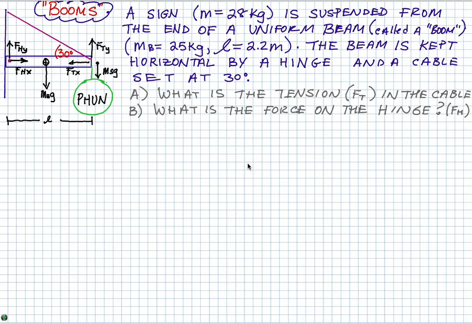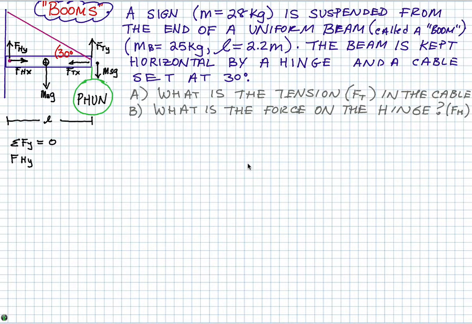So I'm going to start off with the first condition of equilibrium, the sum of the forces. And since we have forces in the y direction and the x direction, I'm going to have to apply the first condition of equilibrium twice, once in the x and once in the y. So the sum of the forces in the y direction is equal to 0 because this is in static equilibrium. And we have Fhy, force of the hinge.